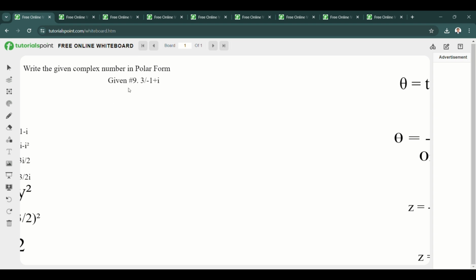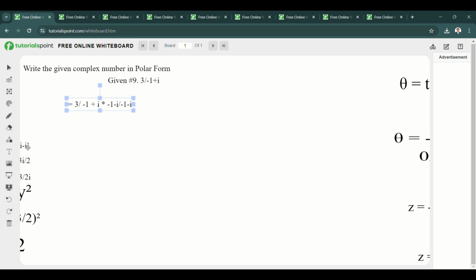So number 9. The given in number 9 is not in the form of a plus bi, so we need to transform it. To evaluate this, we have 3 over negative 1 plus i, times the opposite of the denominator, which is negative 1 minus i over negative 1 minus i.